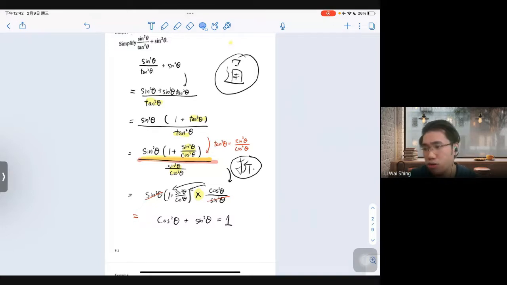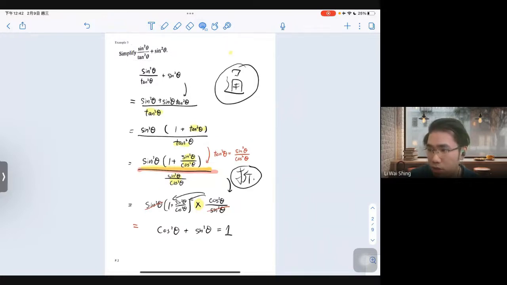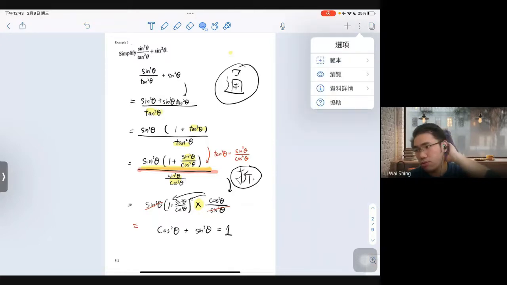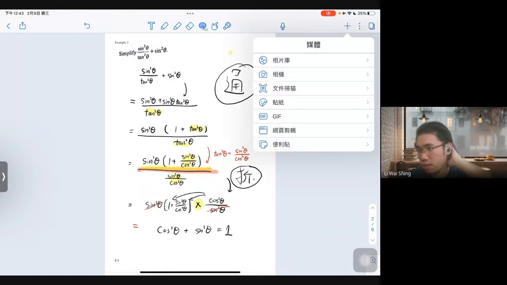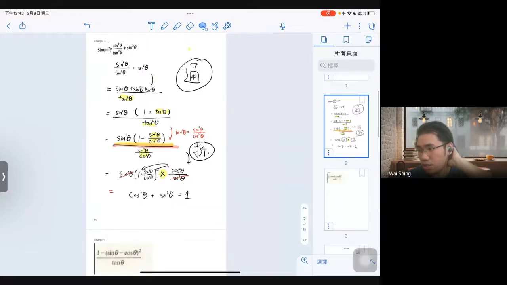OK，通完分母再拆，就係咁做。OK, however, some of you are not doing in this way. 邊個唔係通咗分母先㗎？有冇人舉手啊？Yes, some of you are not 通分母 first.